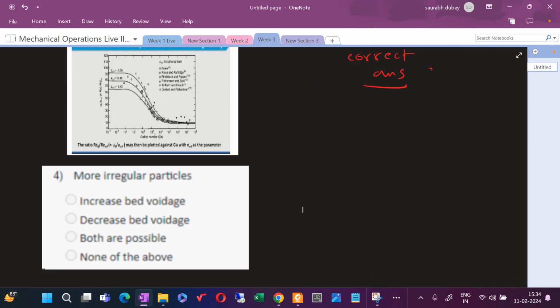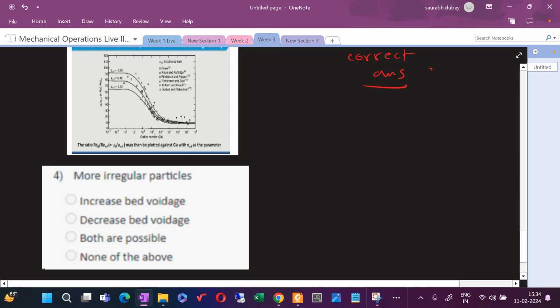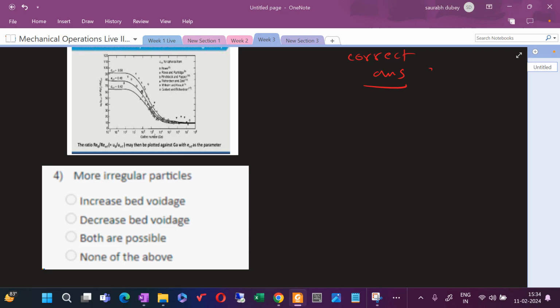It says more irregular particles means increasing bed voidage, decreasing bed voidage, both are possible, or none of the above is correct. So for irregular particles, which of the following is correct?